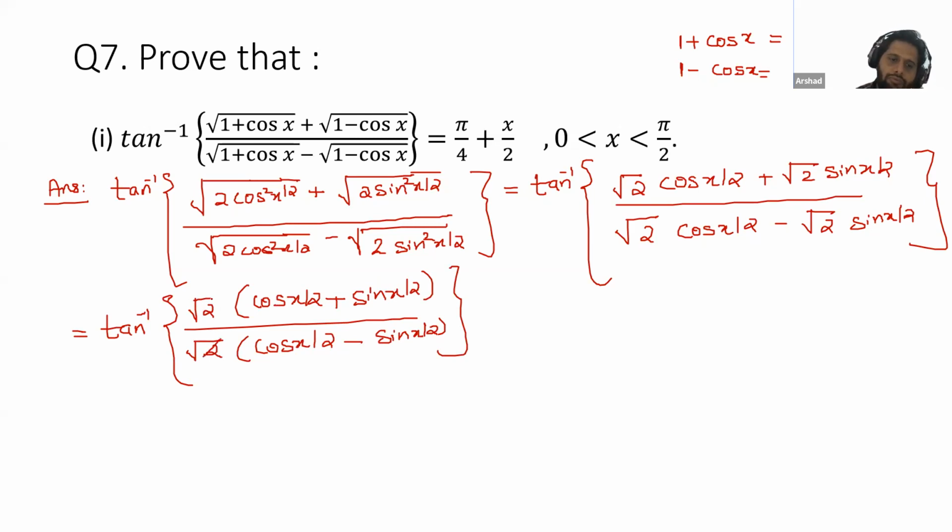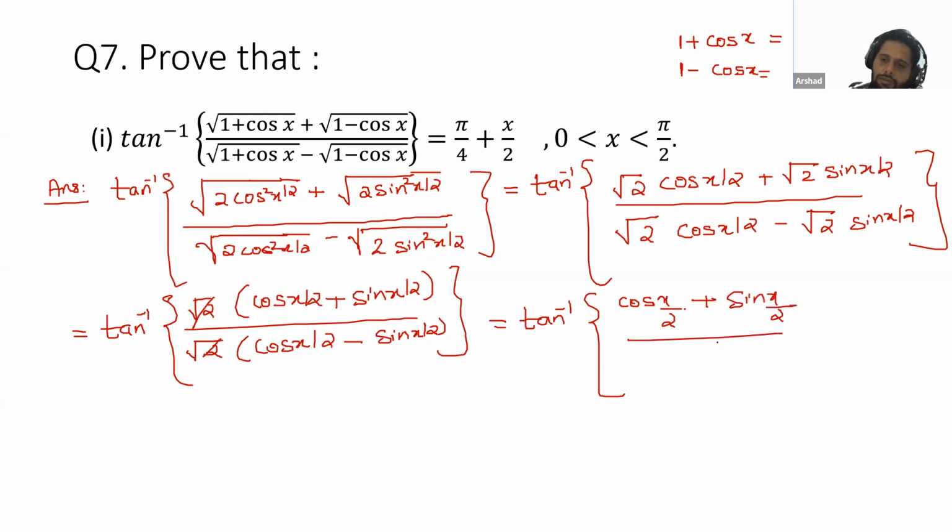This root 2 will get cancelled out. So finally, you will get tan inverse. Here we will get cos x by 2 plus sin x by 2, and in the denominator we will get cos x by 2 minus sin x by 2.